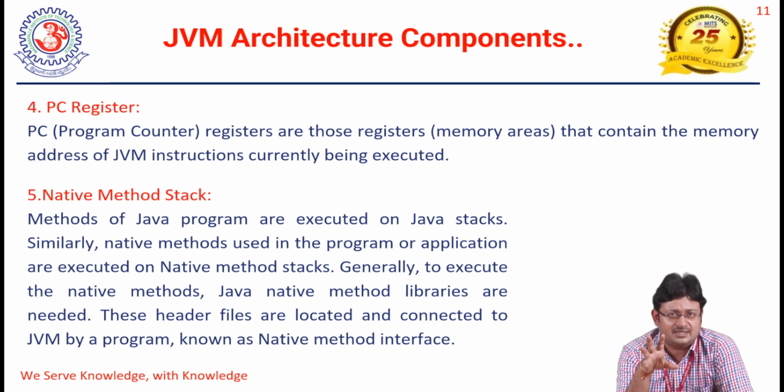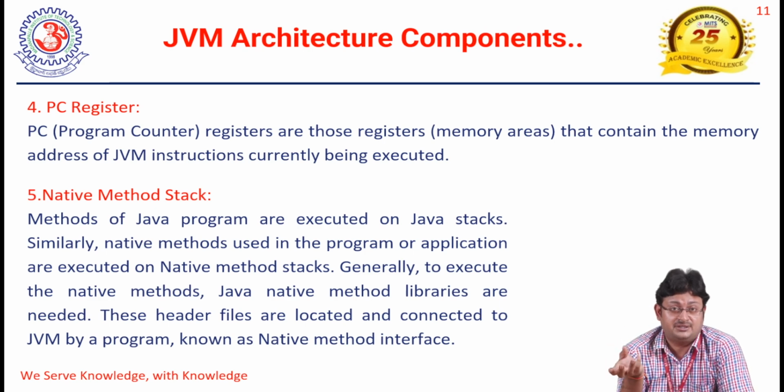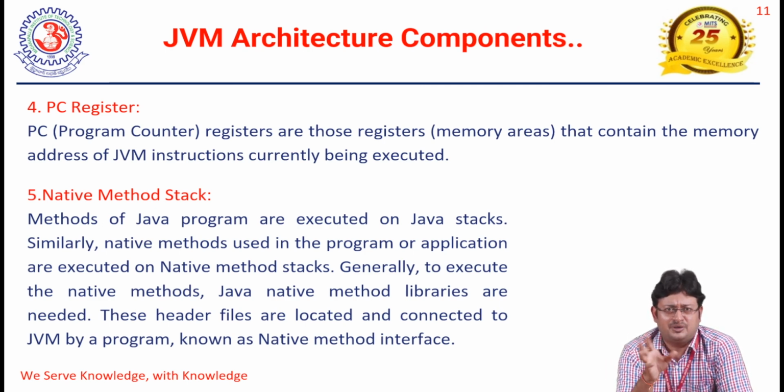PC registers are registers, nothing but memory areas, that contain the memory address of the currently running JVM instruction. After some time, if a high priority instruction enters the RAM, the currently executing process may enter a waiting stage. That is the complete phenomenon of the operating system executing process by process.